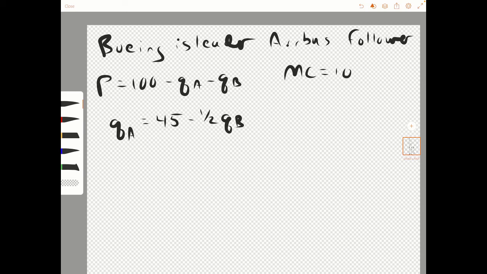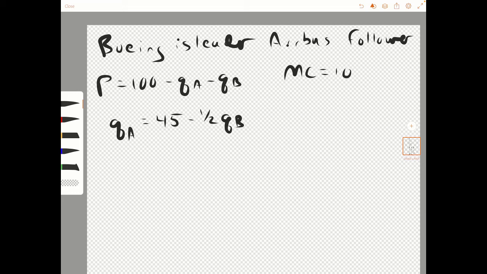Boeing knows this and sets its output, and then Airbus reacts based on its reaction function. But we're not going to do that substitution that we did with Cournot because Boeing's not following their reaction function.